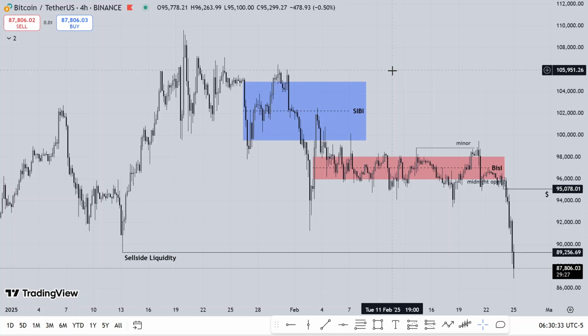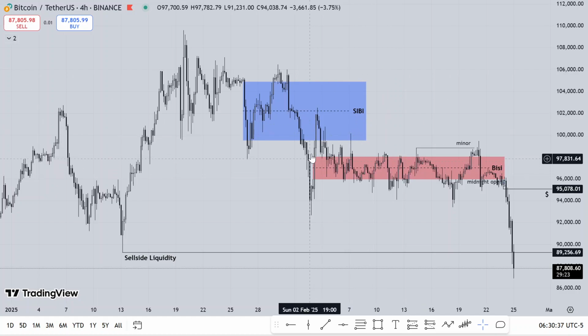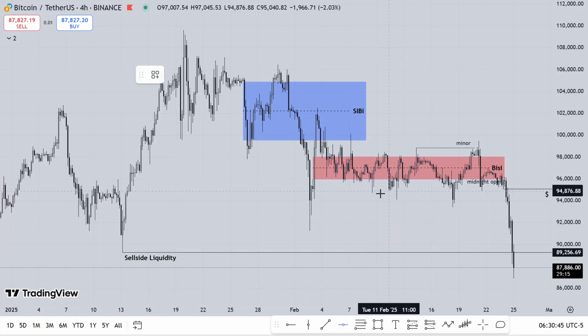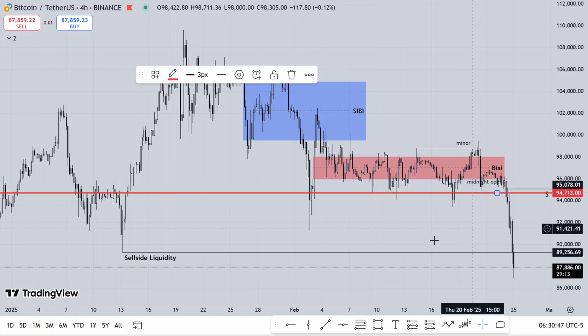So during this consolidation, they were saying the banks are accumulating because price created this set of clean lows. So this will be seen as a support level.